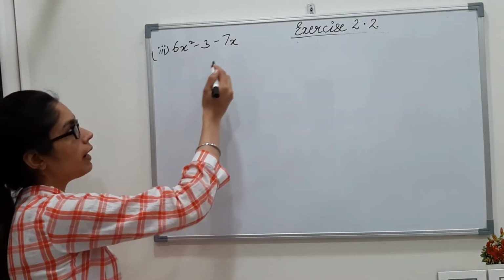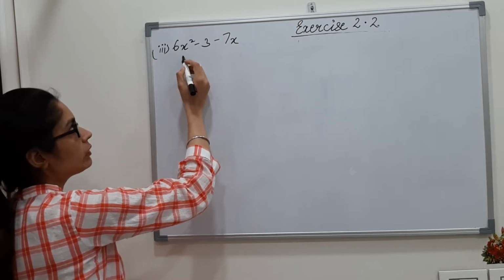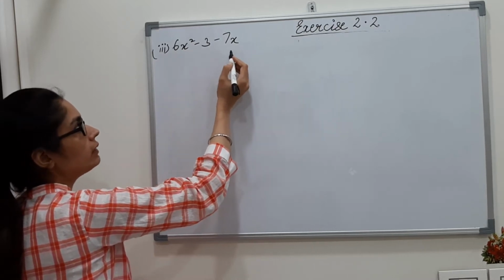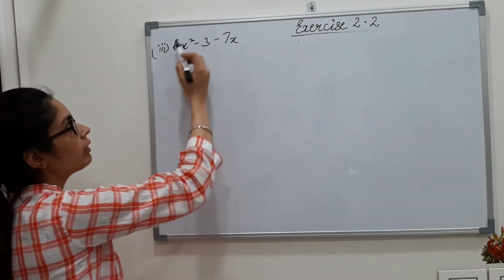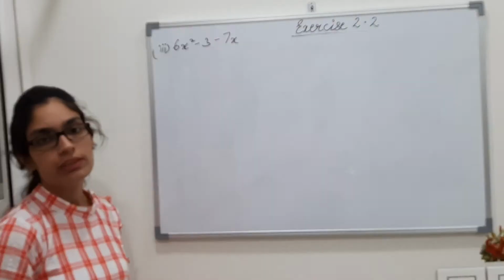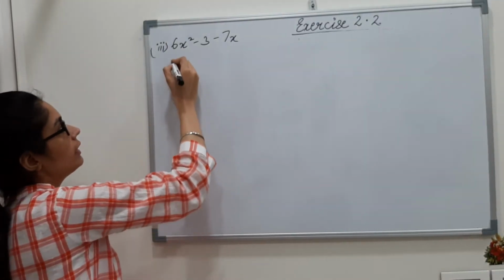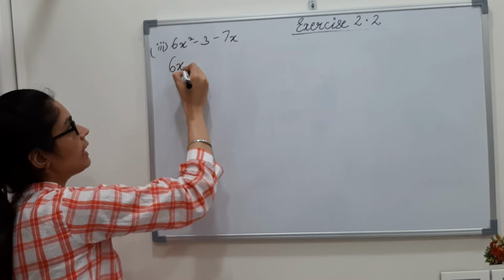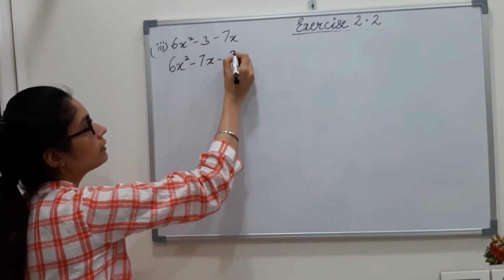Let's do third part of first question. So they have given you 6x square minus 3 minus 7x. First of all, you have to write this polynomial in standard form, like we have discussed. It should be always 6x square minus 7x minus 3.